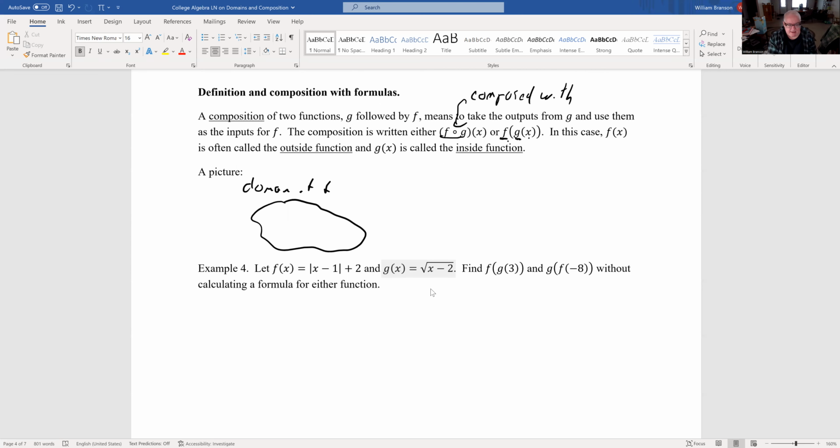And so a picture, if you think about the domain of F, looks like that. It's a bunch of numbers. And a function takes you to the range of F. It's a rule that takes you from the domain to the range.